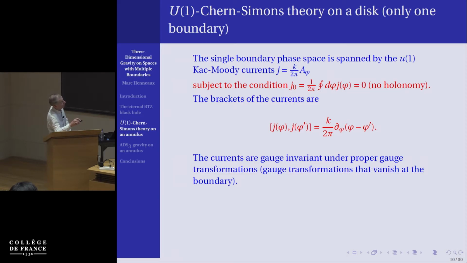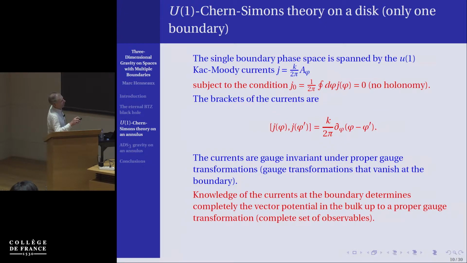And of course, if you make a gauge transformation that vanishes at the boundary, A_phi is invariant. It transforms as the derivative with respect to phi of the gauge parameter at the boundary, but if you take a tangential derivative of something that vanishes, it's 0.